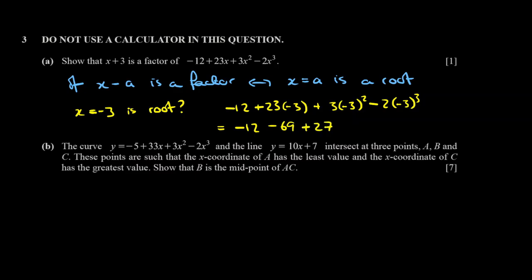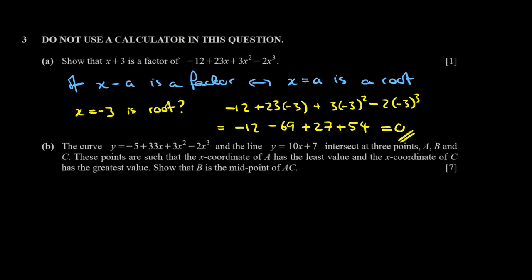And negative 3 cubed is negative 27, times negative 2 is positive 54. Negative 12 minus 69 is negative 81, and then 27 plus 54 is equal to 81, so we get negative 81 plus 81, so that's equal to 0.